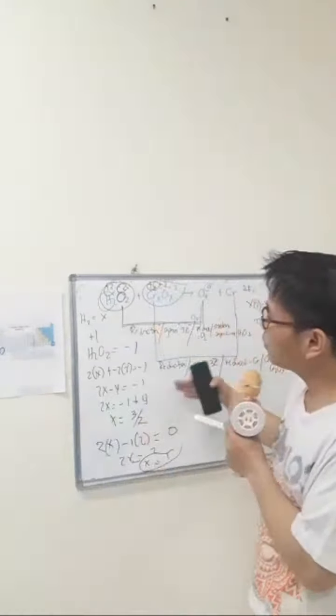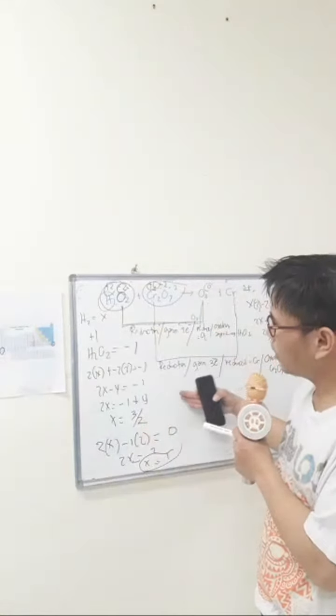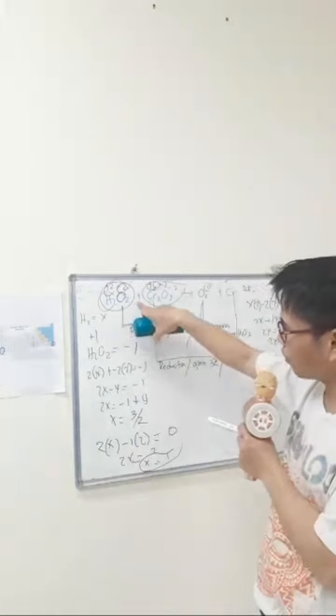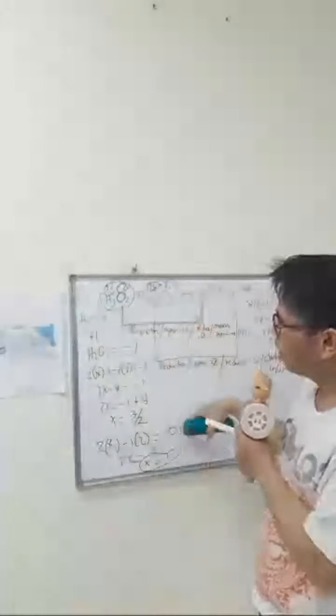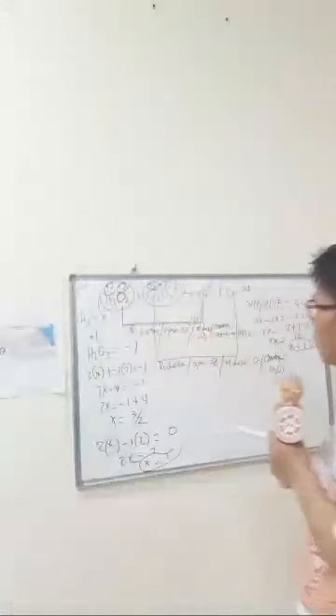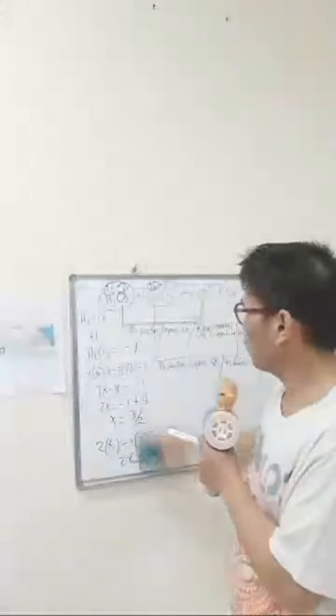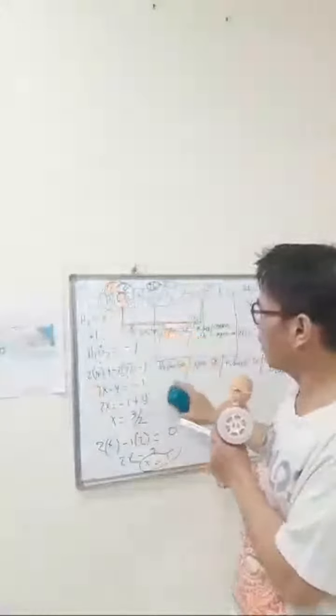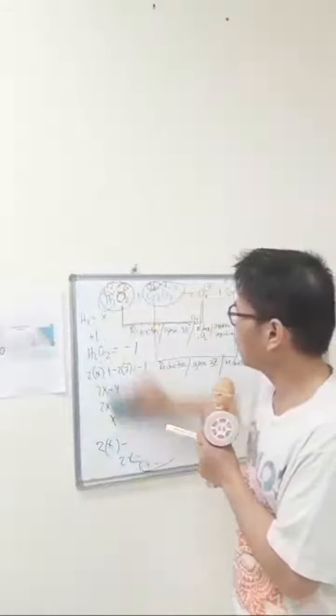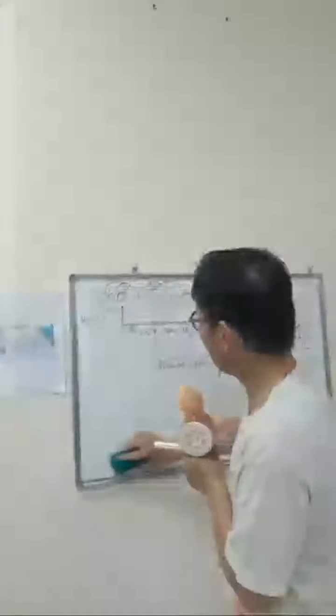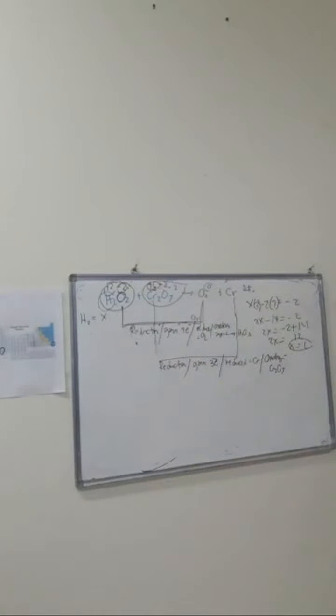Using it as a compound equal to 0 yields x equals 1 for hydrogen. It's totally the same because there's no hydrogen on the other side. So we put +1 here and -1 for oxygen. From -1 to 0, a decrease in oxidation number means gain of electrons, still also reduction.